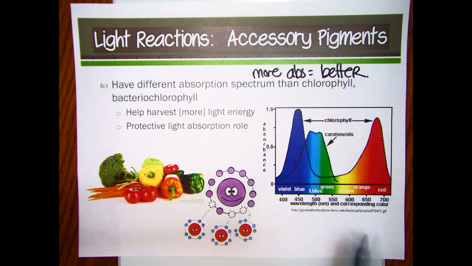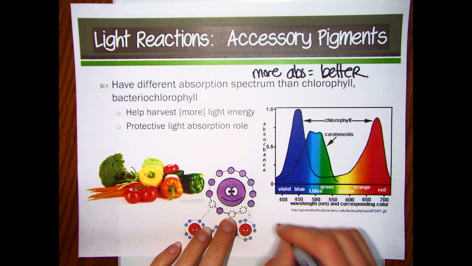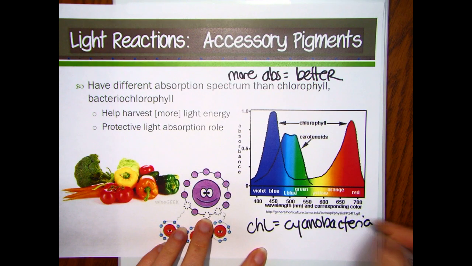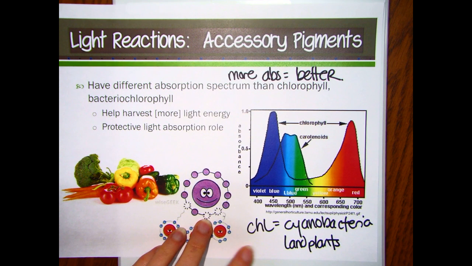This is chlorophyll, which again is in cyanobacteria and land plants. You will need to remember this. It's land plants versus kelps, which are not really plants. In case you've forgotten, kelps are giant protists. Nevertheless, here we go.